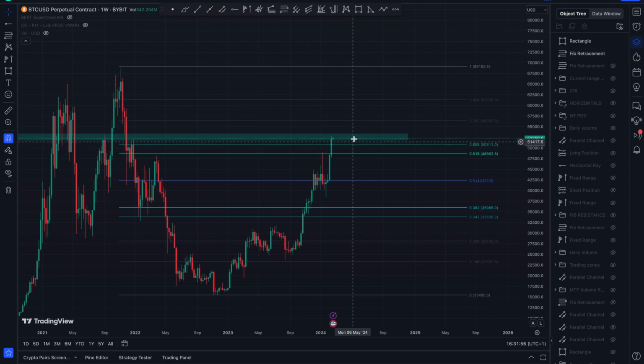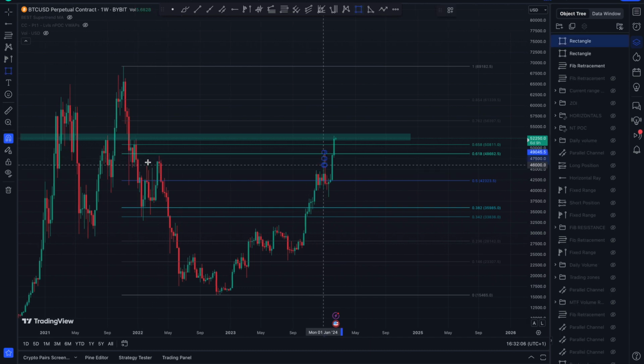And with some nice volume moving back down below these two highs, or this one and this one, so something like this, right?